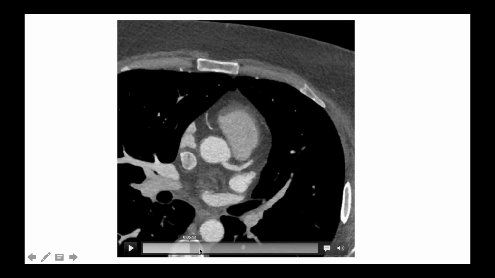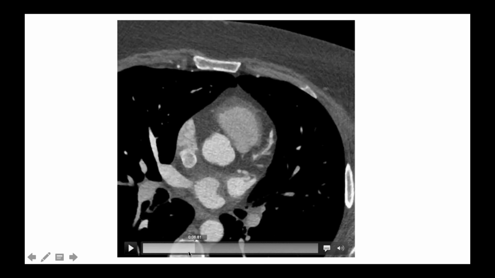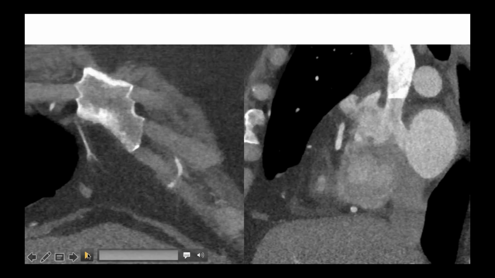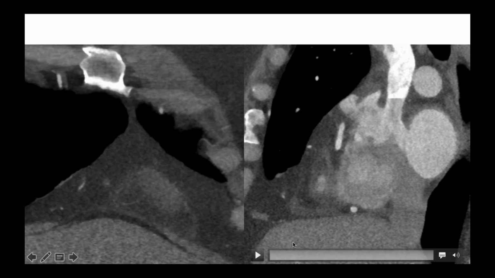Does anyone want to comment? I can show you some coronal and sagittal reformats.